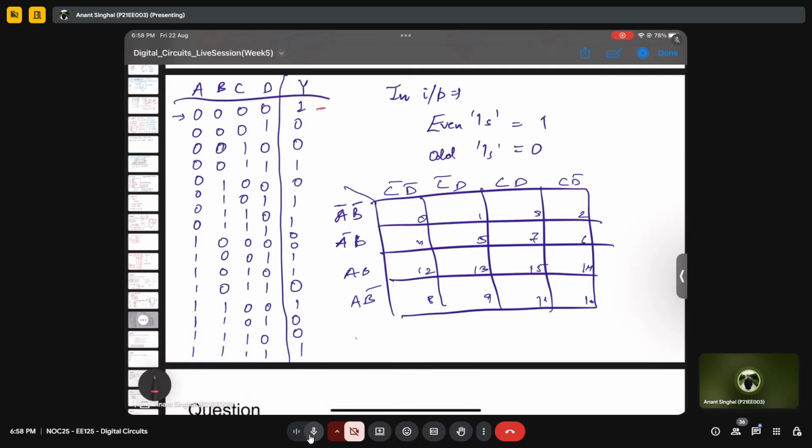So here the 1 is at 0, then at 3, 5, 6, and we have at 9, 10, and then at 12 and 15. Is it clear to everyone? Okay.